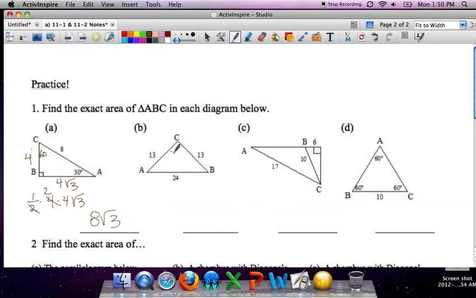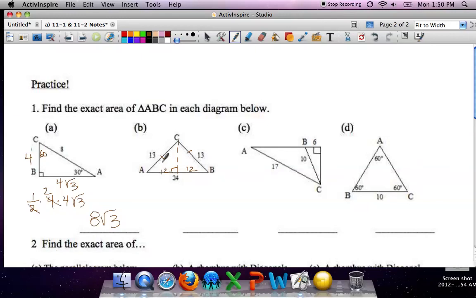This triangle here is 13, 13, and 24, but this is not a right triangle, so we have to drop an altitude here and see if we can remember our properties of isosceles triangles with an altitude. Well, each of these must be 12, so we'd have to find out what this altitude is by doing Pythagorean.